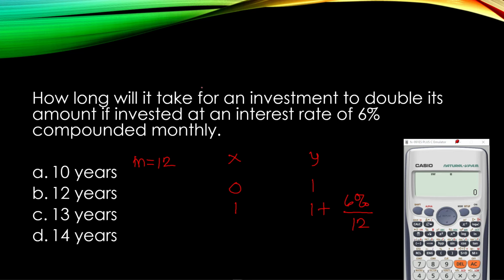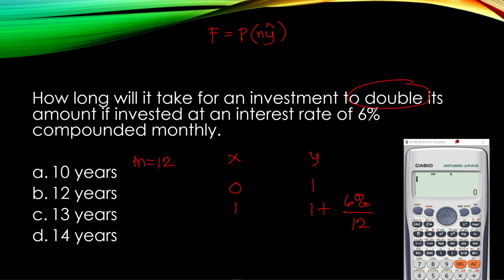Okay? Remember that we have the formula F is equal to P times NY hat. Okay, yun yung concept natin, di ba? Now, hindi binigay yung future worth, hindi rin binigay yung present worth ng money, pero sinabi niya na magiging doble daw.